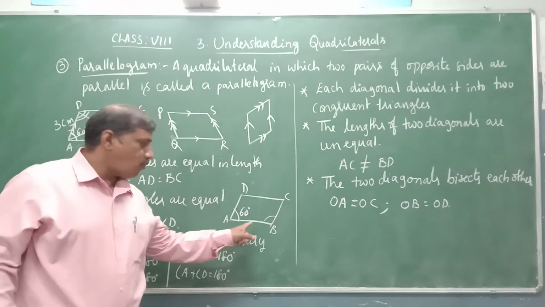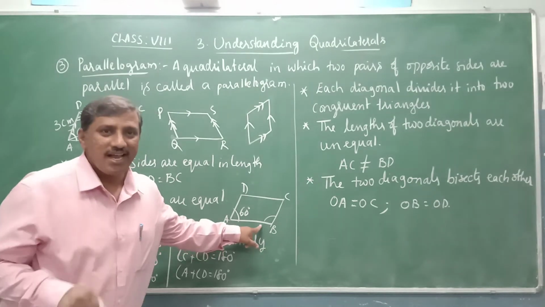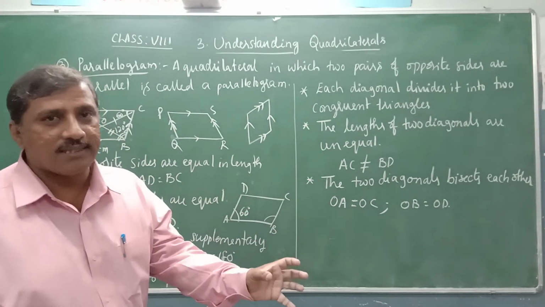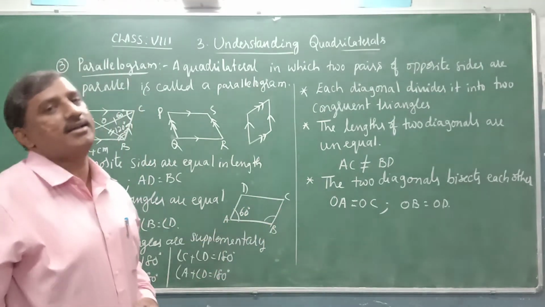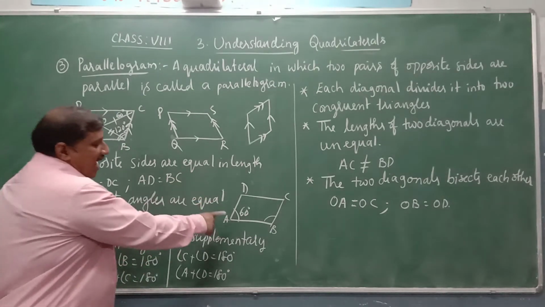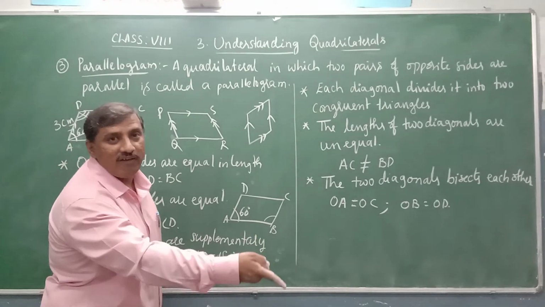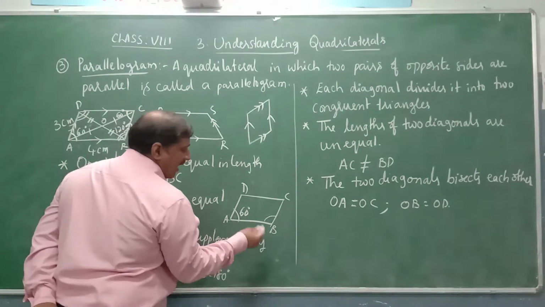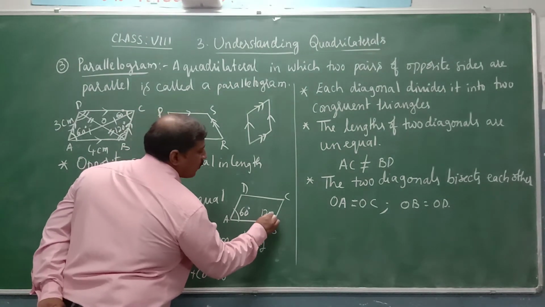Yes, it is 120 degrees. Why? Because angle A and angle B are supplementary angles as they are adjacent angles. Their measure is equal to 180 degrees. If one angle is 60 degrees, the other angle will be 180 minus the known angle 60. That is 180 minus 60, which is 120 degrees.